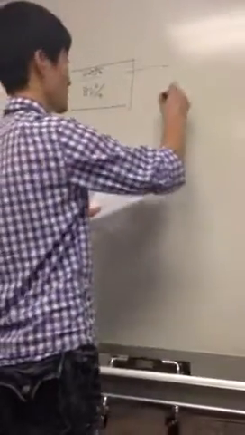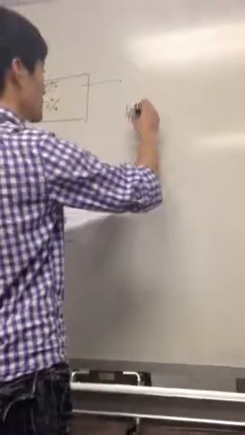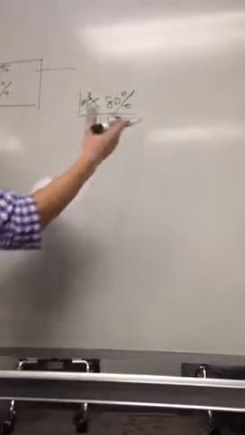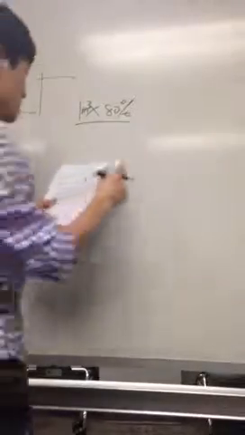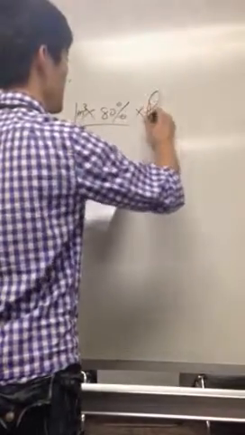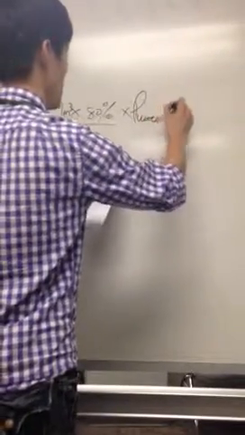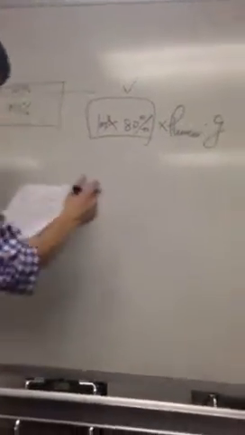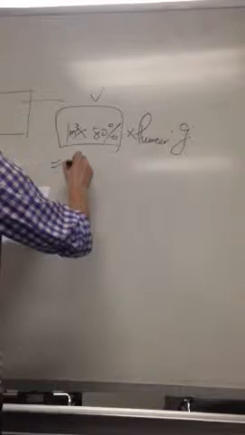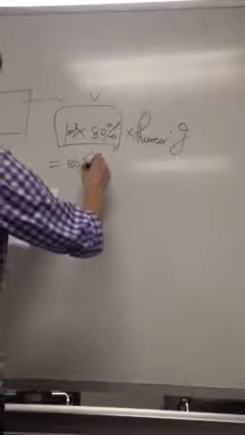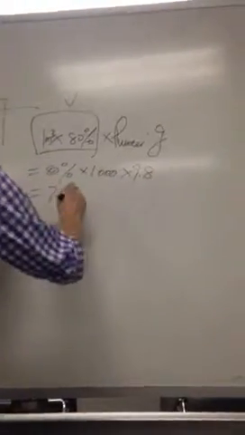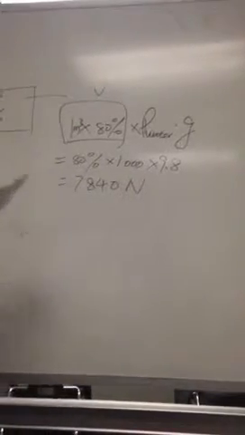So inside the water is 1 cubic meter times 80%. That's what is inside the water. And then if we calculate how much weight this water has, we can get the weight. It should be equal to this object. The density of the water times G. That's the volume of the water, right? So if you calculate it, it's 80% times 1,000 times 9.8, which is equal to 7840 Newton. So it's D.